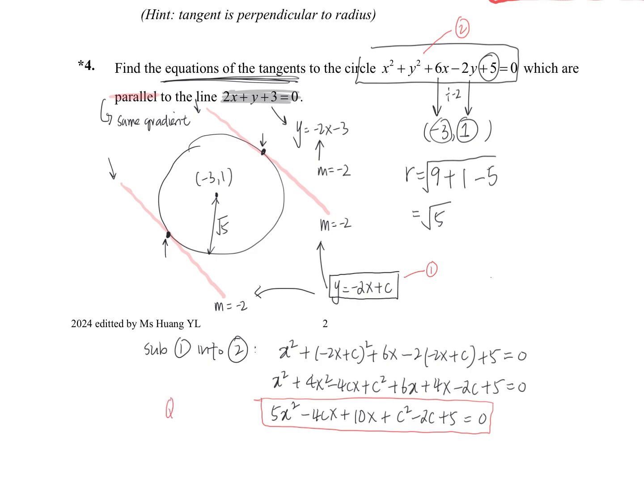This is a quadratic. Can we link it to a topic that has tangent? Discriminant. So if I can solve this by finding the discriminant equals to 0, I can find the tangent line.